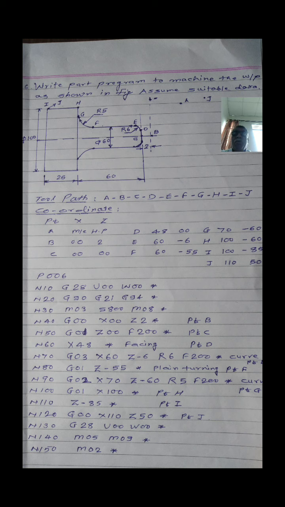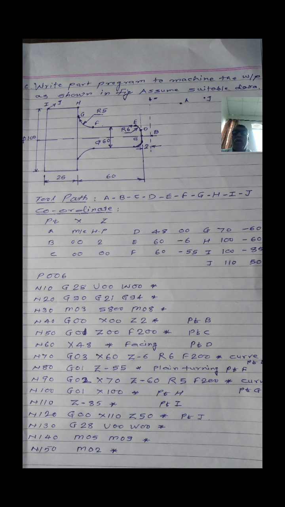Then you have to move the tool from point E to F, that is plane turning. While moving the tool from E to F, you have to use the linear interpolation function, and you have to mention the coordinates of the point F.